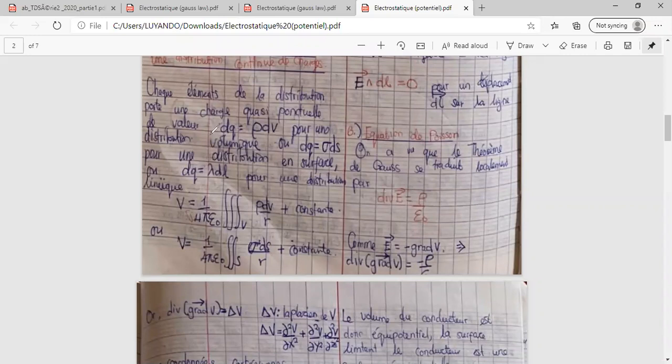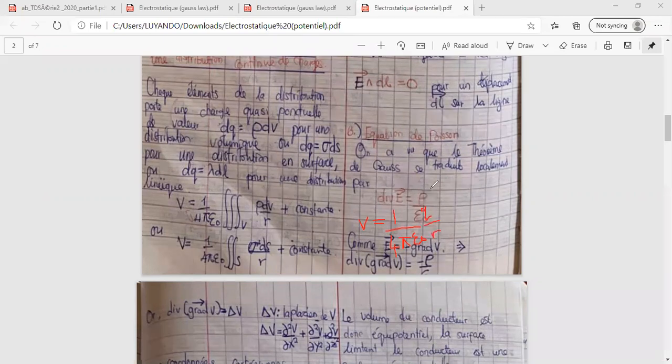We have V equals 1 over 4 pi epsilon 0 times q over r. This is our expression for potential.